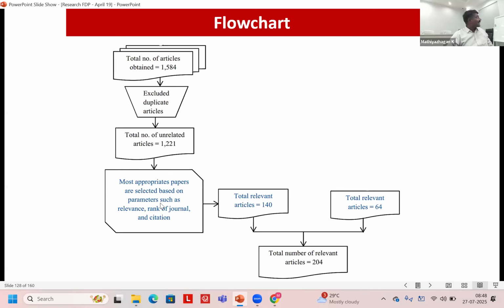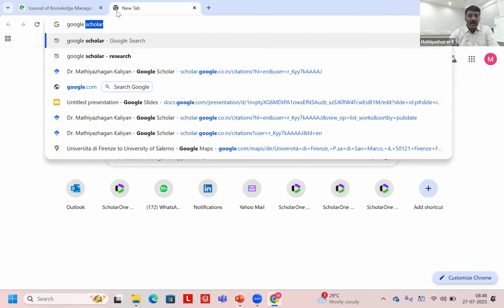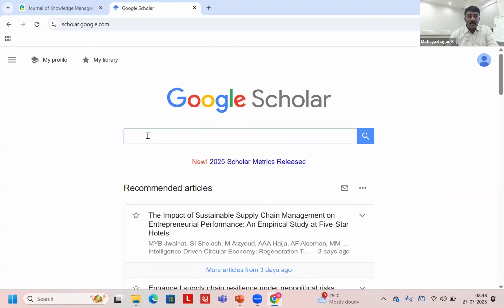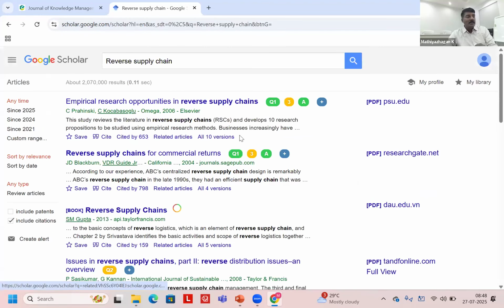Then appropriate papers are selected based on parameters such as relevance, rank of journal and citation. Is it clear? What does relevance mean? Let me give an example here. Reverse supply chain. Can you see here? Sort by relevance.